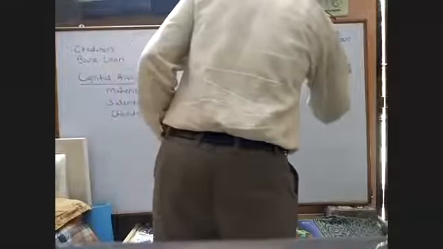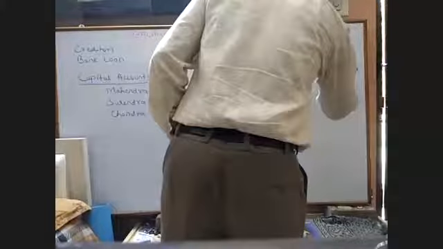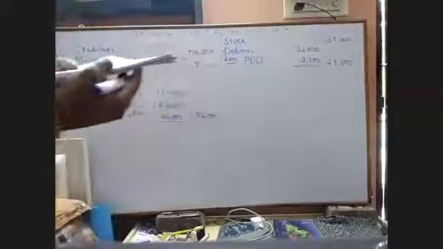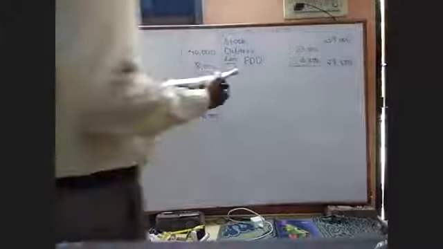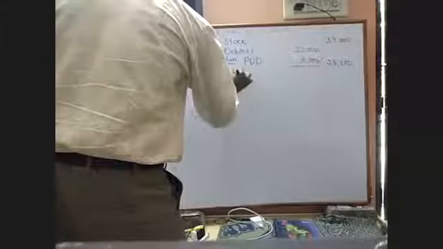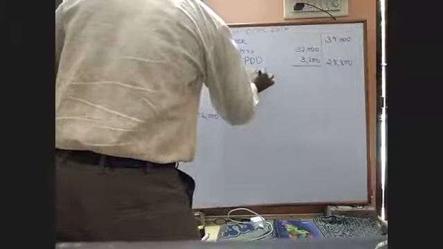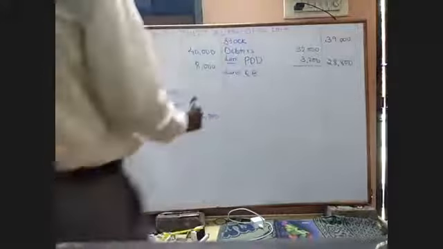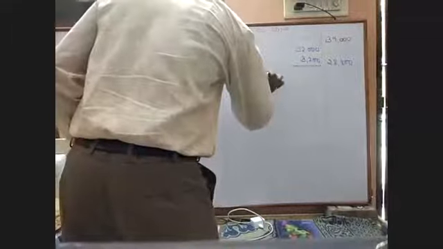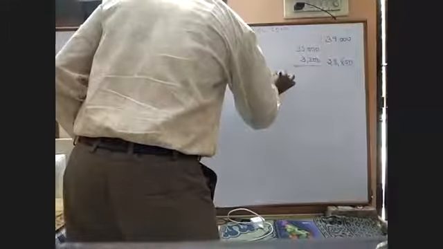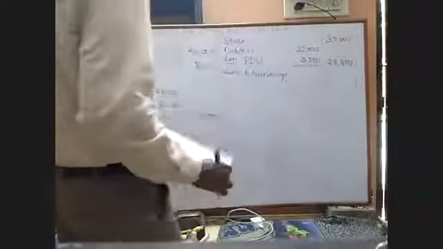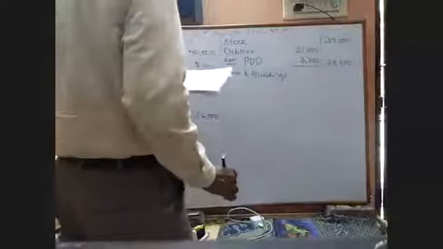Inner column 32,000, less PDD 3,200. I think it will be 28,800. Next, land and buildings, 40,000.